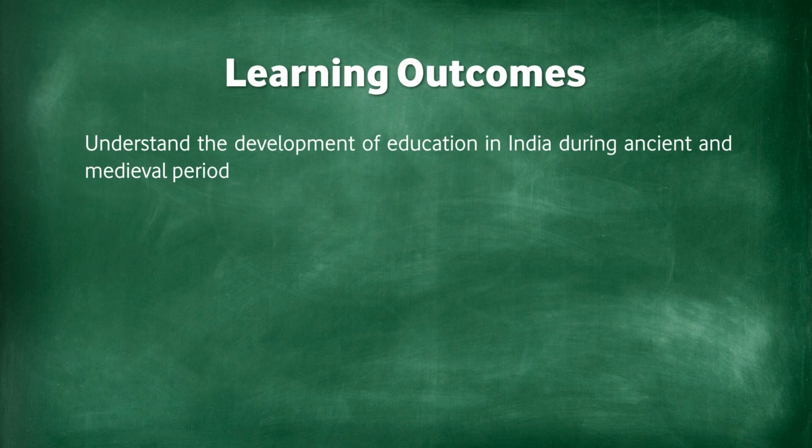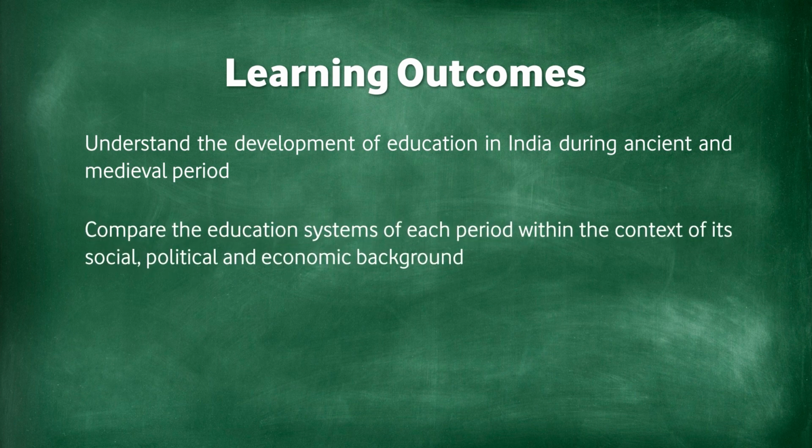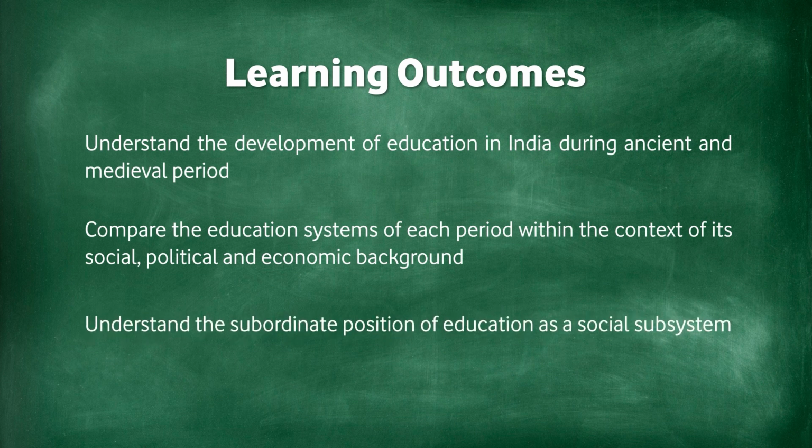After completing this video lesson, along with the course material provided to you and by referring to different resources online as well as offline, the learner will be able to understand the development of education in India during the ancient and medieval periods, and compare the education system of each period within the context of its social, political, and economic backgrounds. They will also get an idea about the subordinate position of education as a social subsystem.